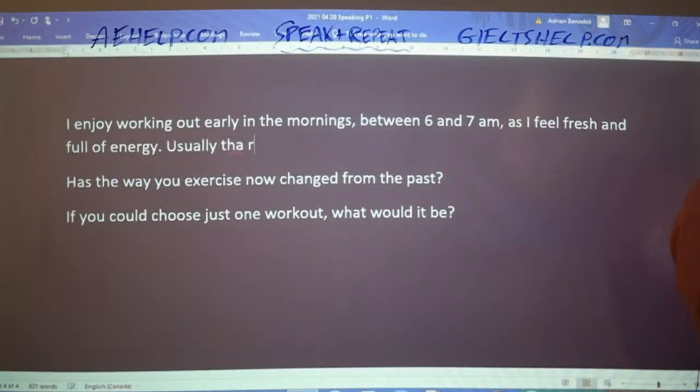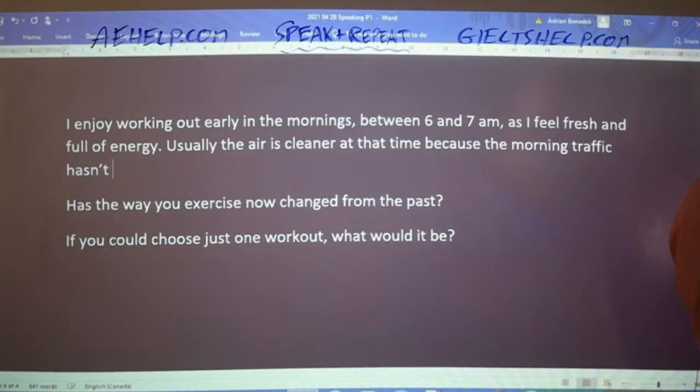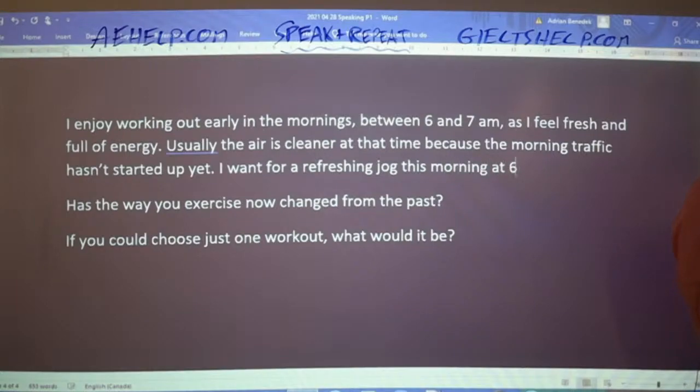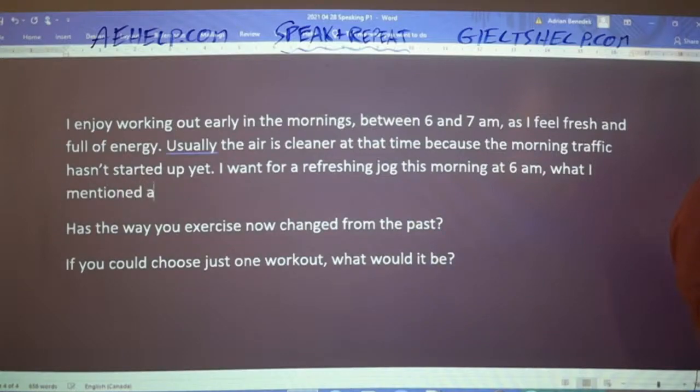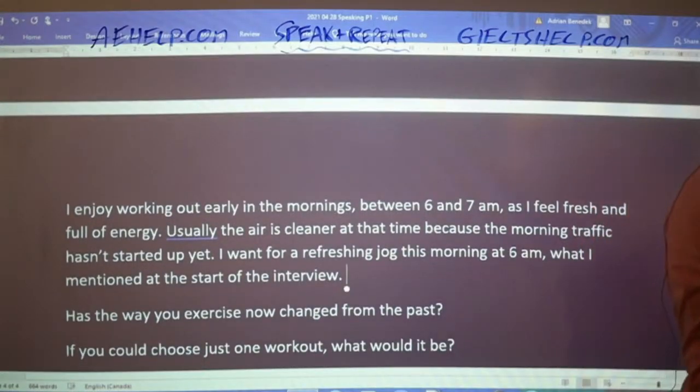Usually the air is clean or cleaner at that time because the morning traffic hasn't started up yet. Excuse me. I went for a refreshing jog this morning at 6 a.m., what I mentioned at the start of the interview. Making a connection, okay? All right.